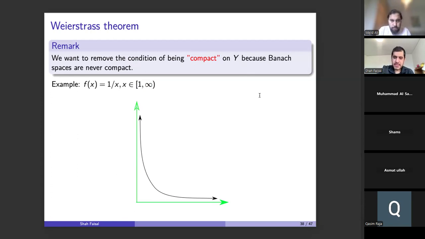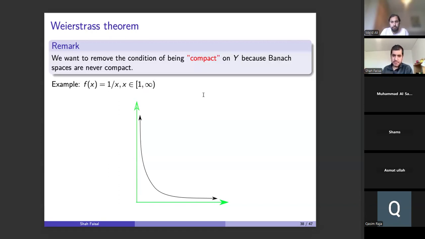Now here, why does this theorem fail? Why does the lack of compactness cause the failure of the theorem? In this example, you can see the point is that the function is decreasing as the value of x in the domain approaches a region of non-compactness.